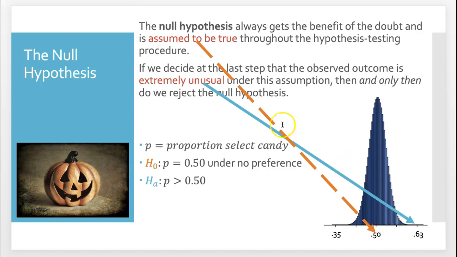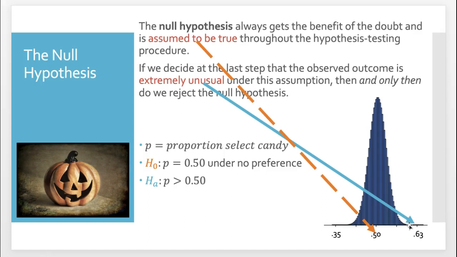If we get something extremely unusual out here in the tails, because remember here our alternative is greater than, so we suspect the proportion is larger than 50%, that's why extremely unusual values are very large values here. So if the sample proportion is out here, we reject. Something very weird or unusual occurs, there's a surprise, then we're going to reject the null hypothesis.